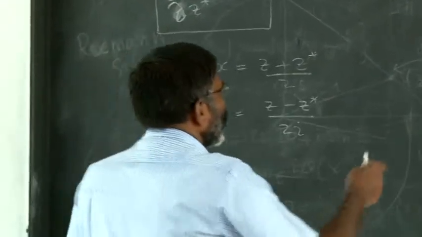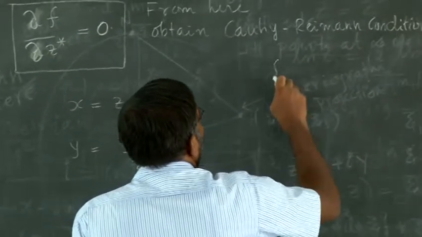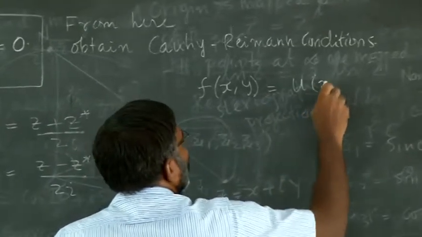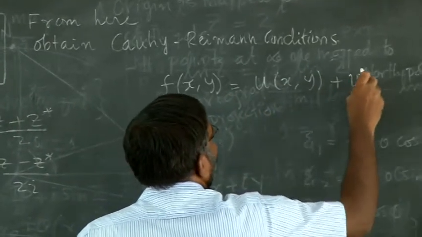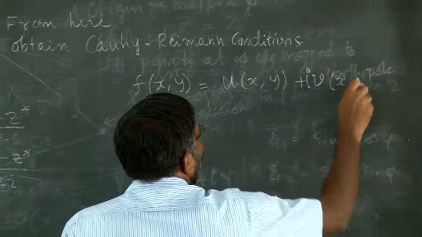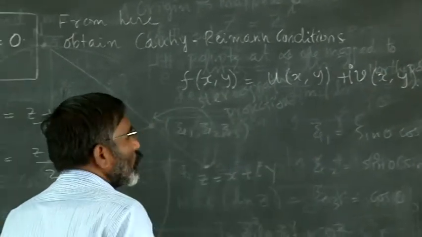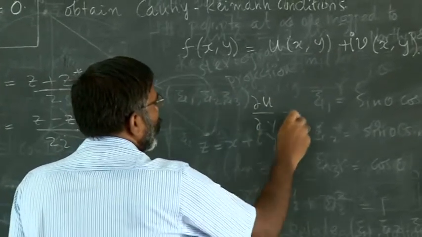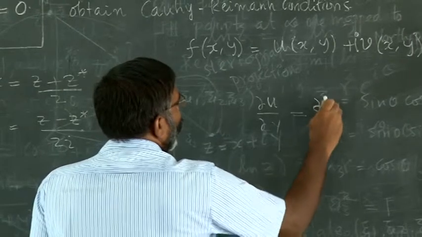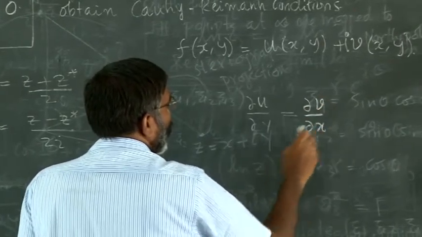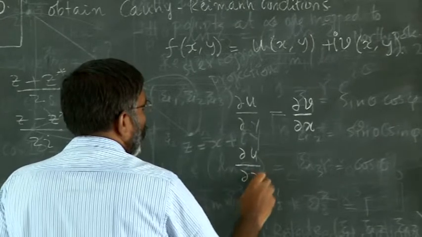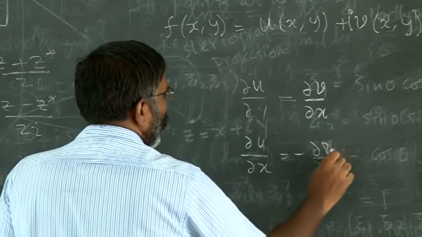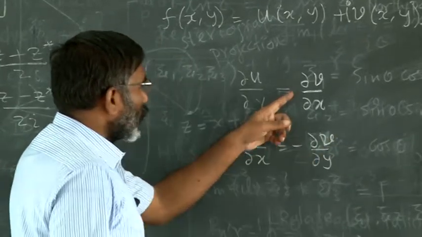So just to complete, if you have f of xy as u of xy plus i times v of xy, the Cauchy-Riemann conditions will give you dou u by dou y is equal to dou v by dou x, and dou u by dou x is equal to dou v by dou y. I do not know if this minus sign is here or here.